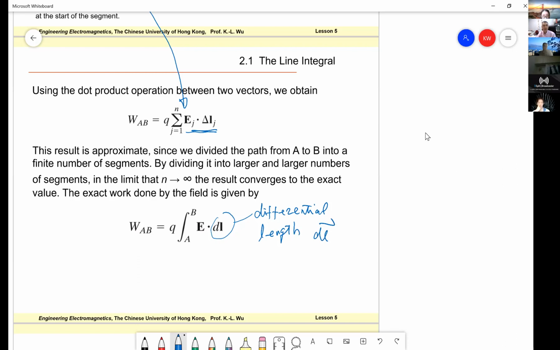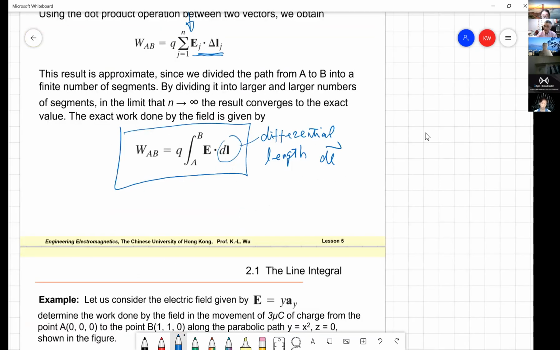The magnitude is infinitely small, but the direction of dl is the direction of my path C. So this is a general way we describe how much work I've done.